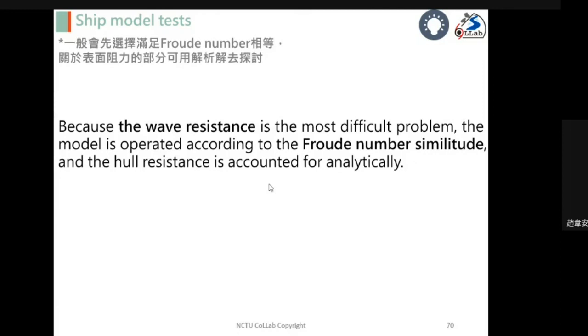So the model is operated according to Froude number similitude, and then the surface resistance can be computed from numerical modeling or analytic solutions.